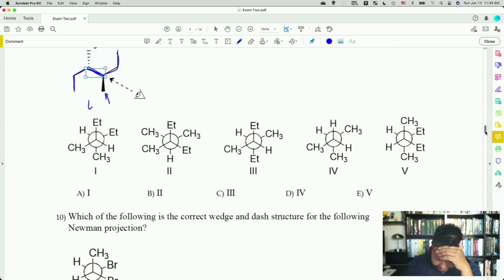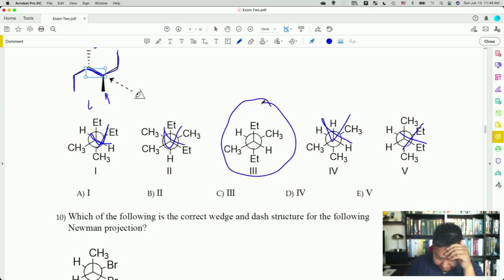It can't be this one, because that's ethyl opposite methyl. Can't be this one, that's ethyl opposite hydrogen. Can't be this one, that's methyl opposite methyl. And it can't be this one, because that's methyl opposite hydrogen. So the only one it could be is structure 3.